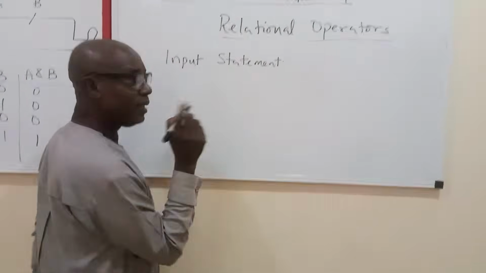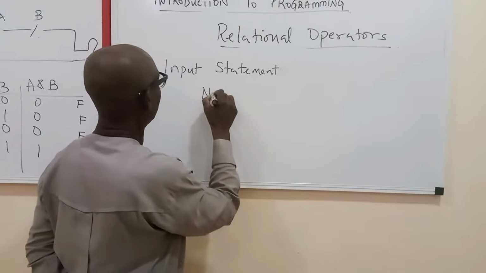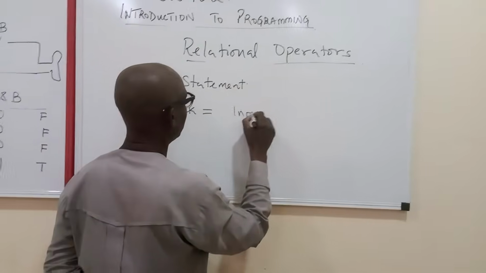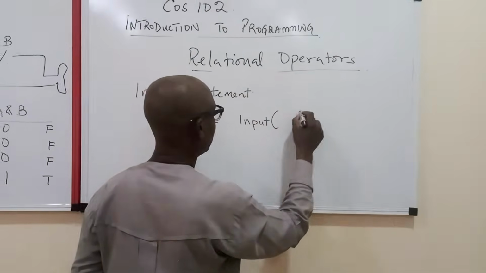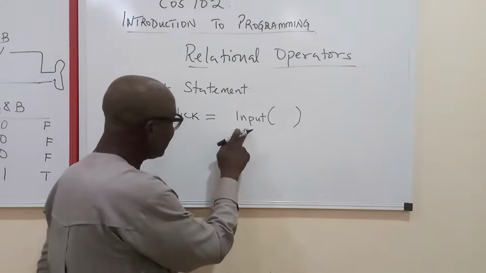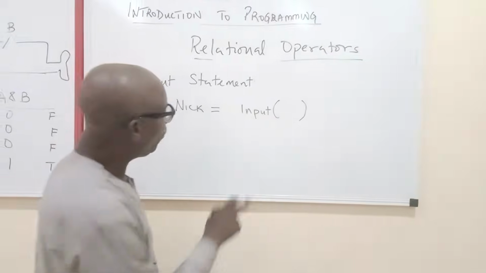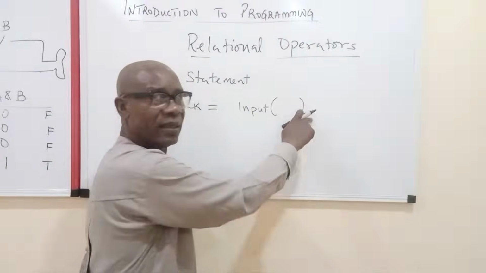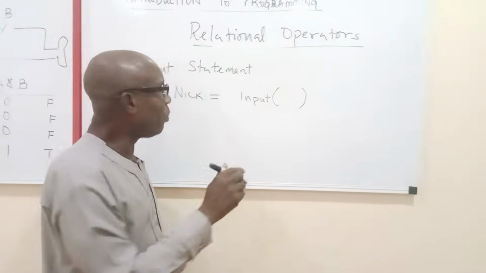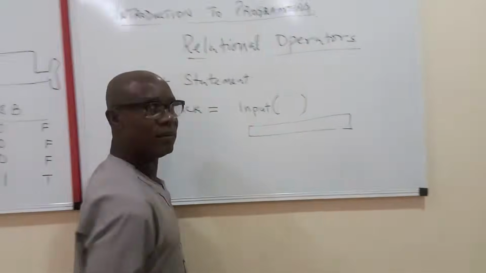If I say a variable Nick is equal to input, what this input will mean is that when the code gets to this point, it will wait for you to write something, to key in something on your keyboard. In the Jupyter notebook, it's going to open something like this for you to type in.